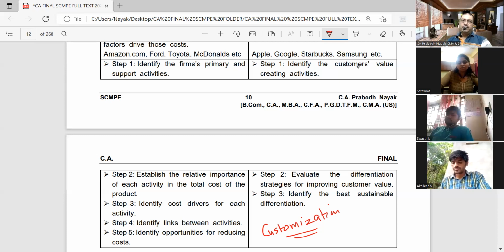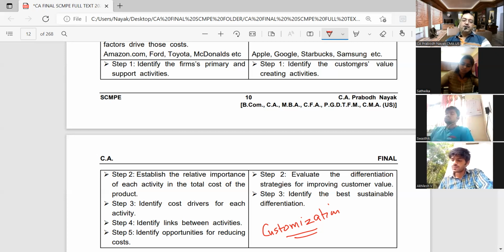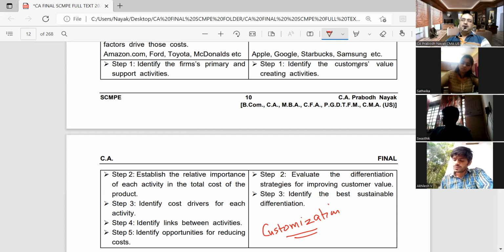The best combination of them should be used to pursue sustainable differentiation advantage.